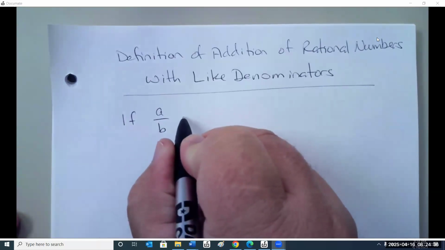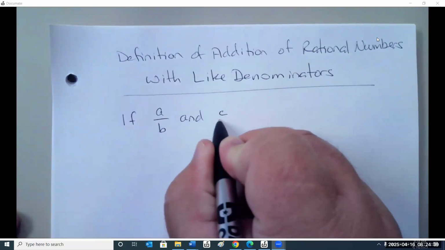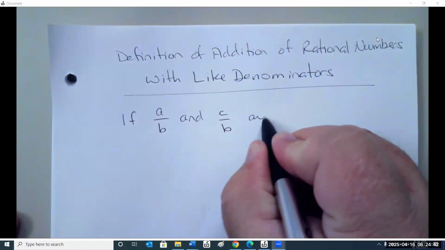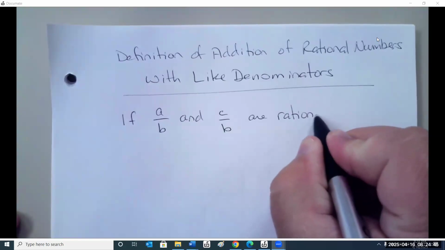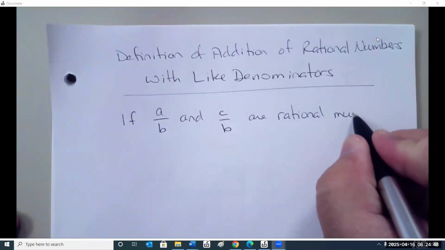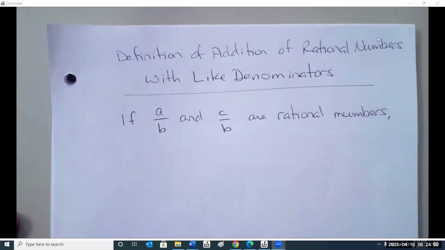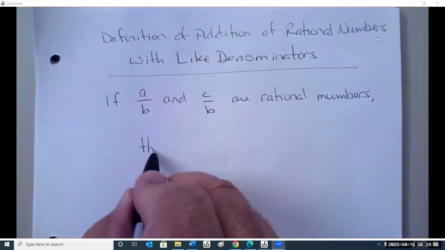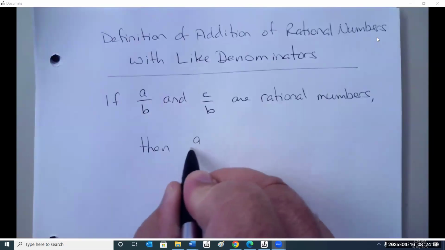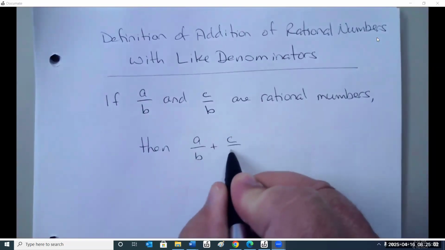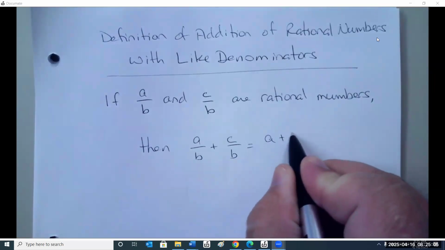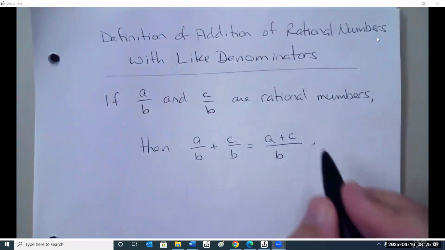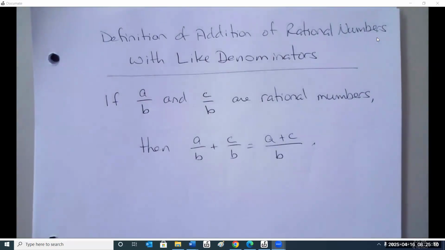If we have 2 fractions, 2 rational numbers, if A over B and C over B are rational numbers, then A over B plus C over B equals A plus C over B. You have to prove this with your first examples.